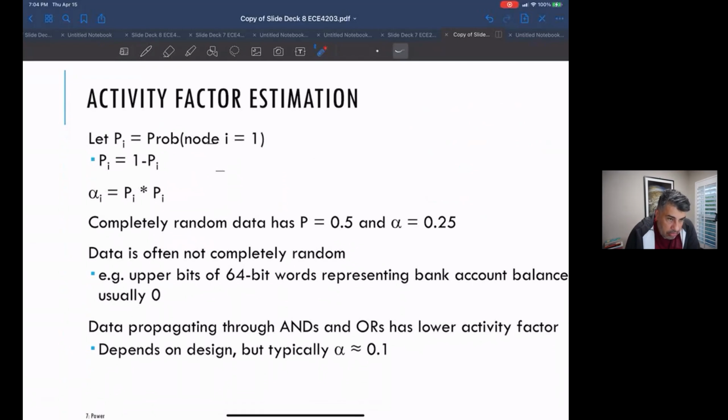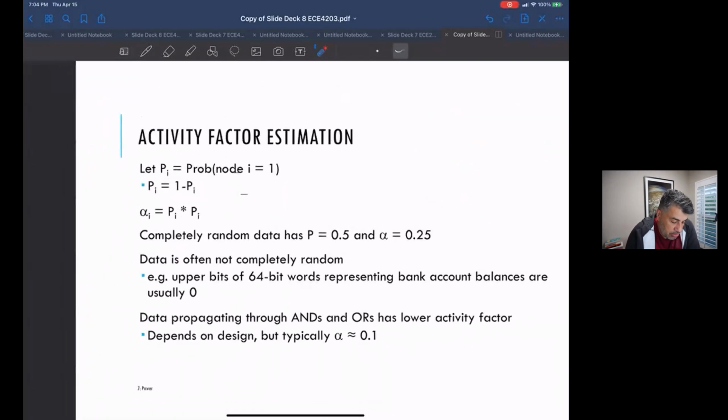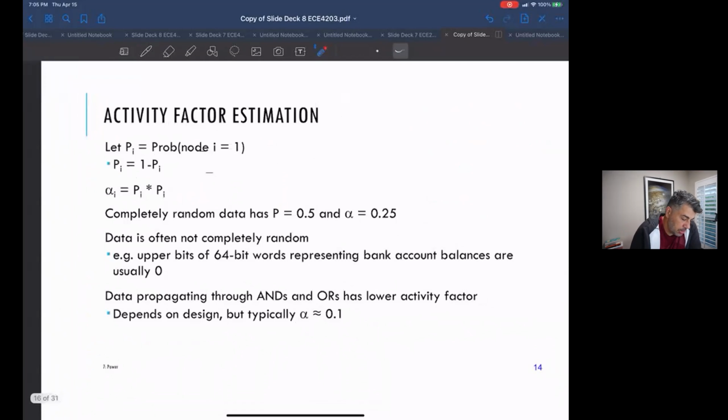It depends on a lot of assumptions about what your circuits are doing. But typically, not knowing anything more, if you have just a bunch of logic, a lot of people assume the activity factor is 10%, meaning only 10% of your circuits are switching at any particular time.